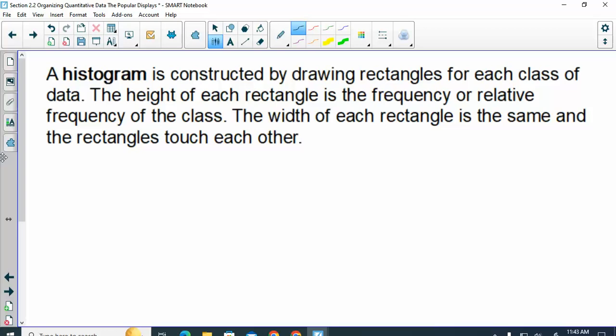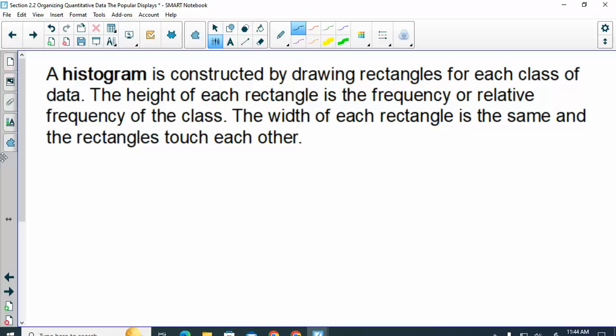The difference is we have rectangles that are evenly spaced numerically, so they are all going to be the same width. And when you draw them, they're actually touching. Google Sheets does not have a histogram option. It will make our bar graph, but it doesn't make what's considered a true histogram.